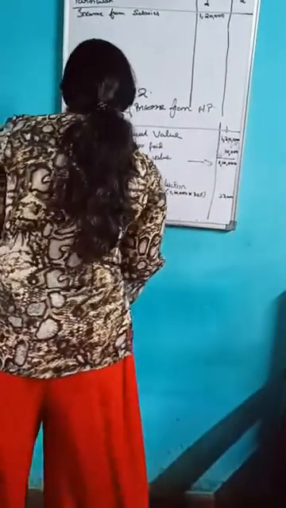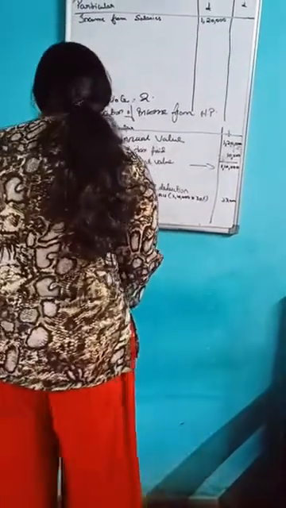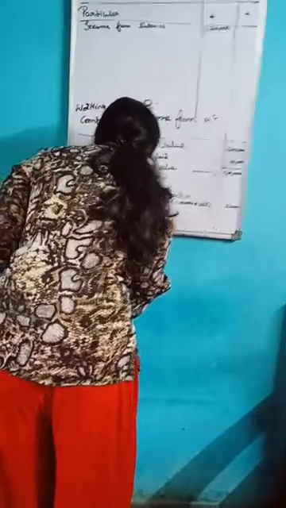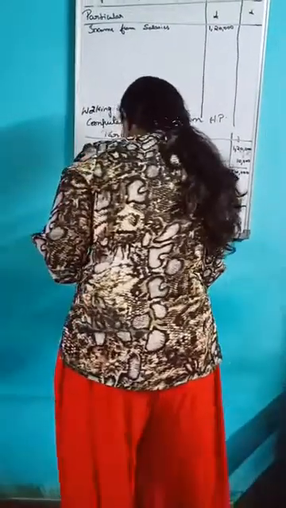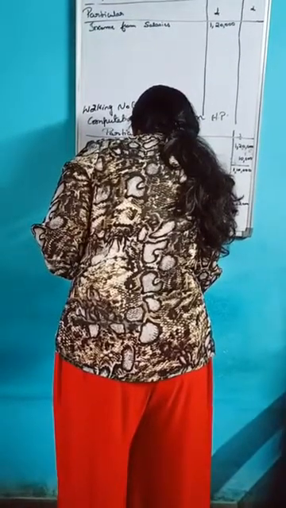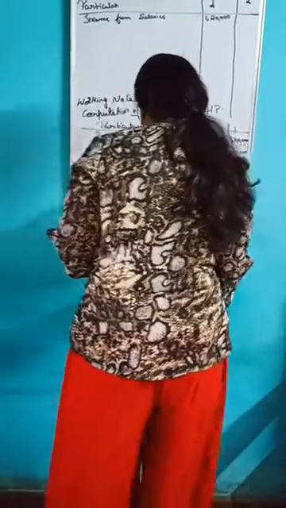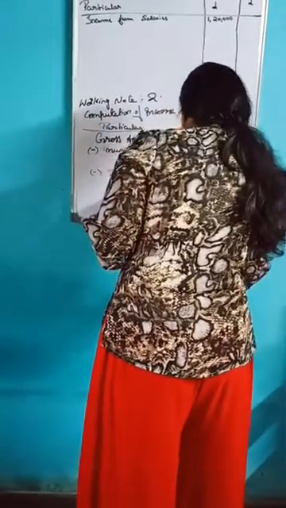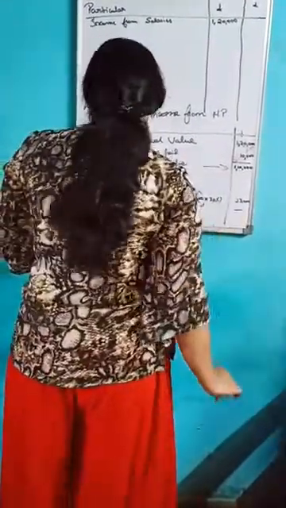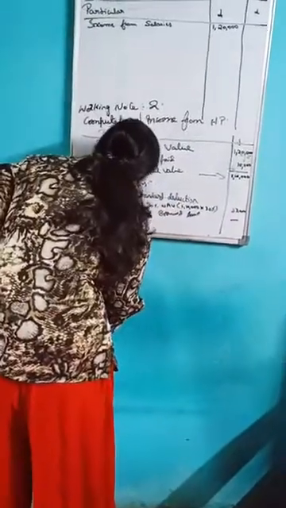Next, 24B, that is interest on borrowed loan. In the question, they did not mention any interest on a borrowed loan, so you should write nil. Next one is income from house property.